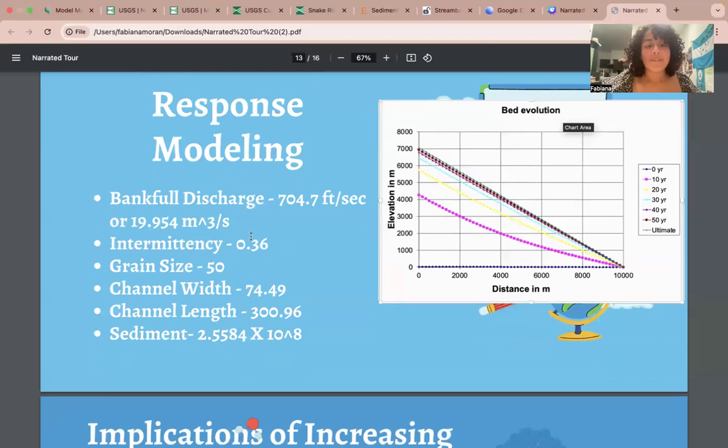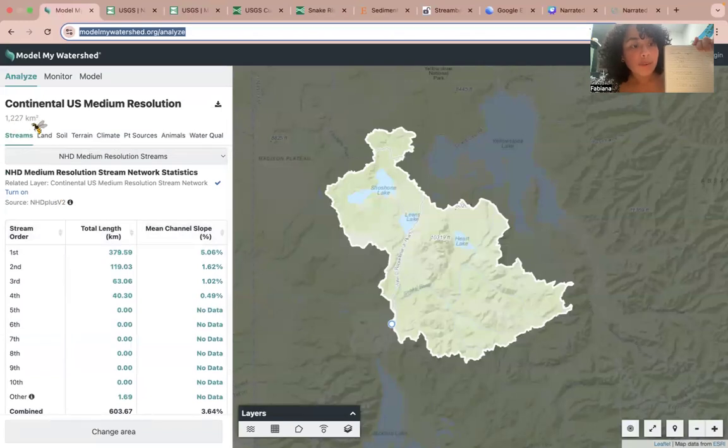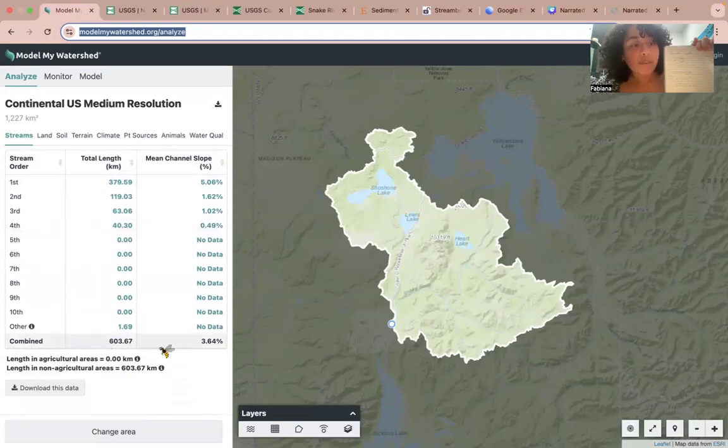And then after I converted my bankfull discharge for my sediment, what I basically did is I got the total area of the watershed. I will show you. So I got the total area and I got the area of the watershed, and I divided the area of the watershed by the total area, and then I got a variable of 0.492.